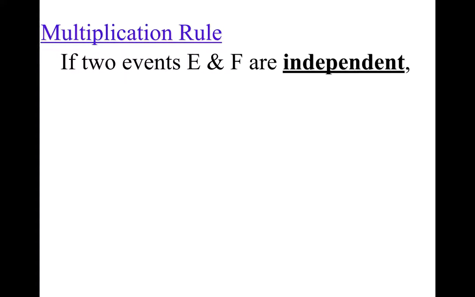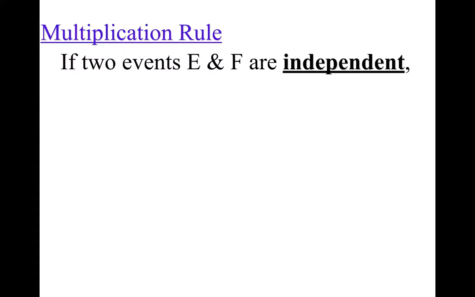Okay, another brief review. The multiplication rule was the other situation we had, when we were looking at independent events. In other words, one event does not affect the probability of the other one. Independence and disjoint are different things, and I talked about that a couple days ago. They are not the same thing.